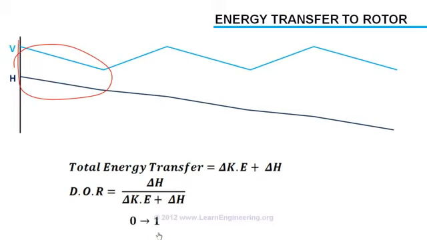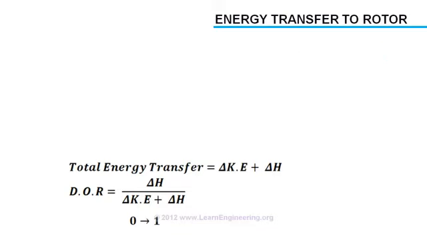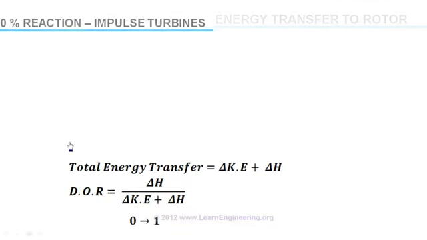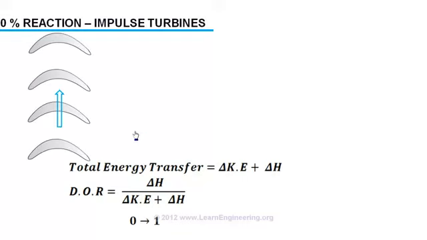Suppose for a turbine the degree of reaction is 0, then such turbines will be known as impulse turbines, or 0% reaction turbines. In such cases the enthalpy energy change across the rotor will be 0, and energy transfer will be purely due to kinetic energy change. Blades of an impulse turbine will look like this. Here the fluid actually hits the blade and produces the force.